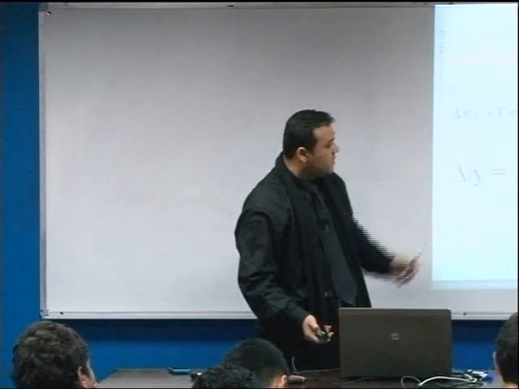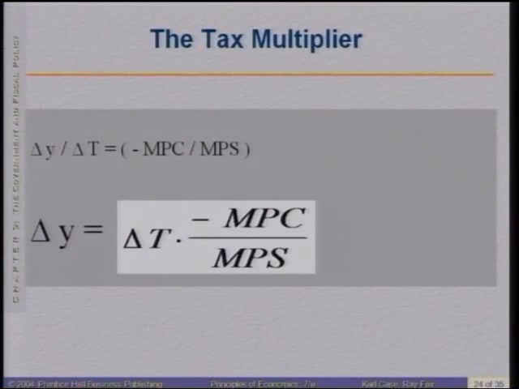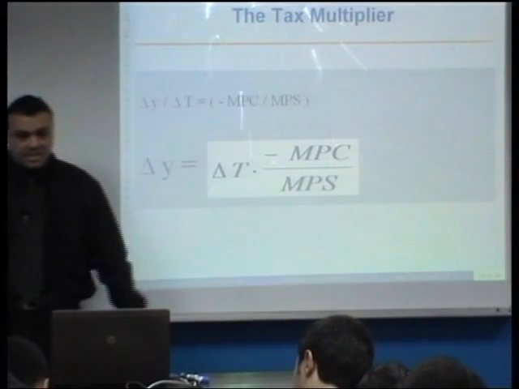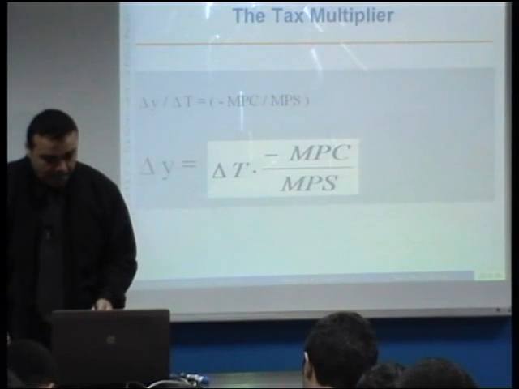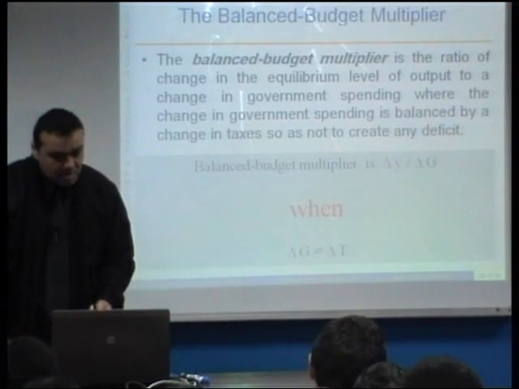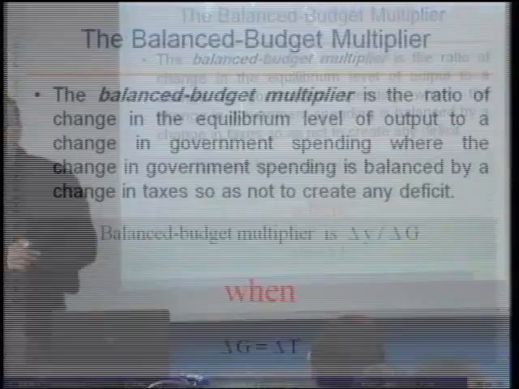As you see, delta Y over delta T equals minus MPC over MPS. To derive delta Y, the change in Y equals delta T times minus MPC over MPS, right? So let's go to the balanced budget multiplier.